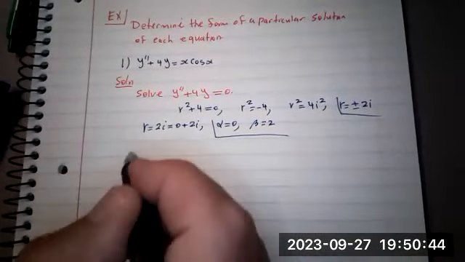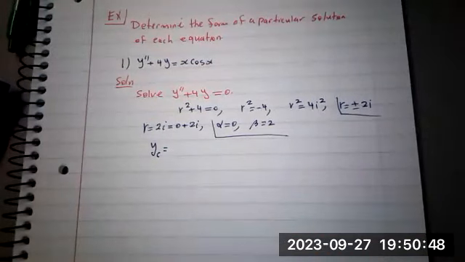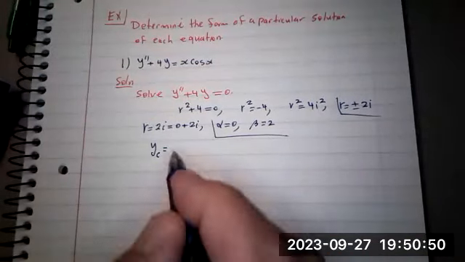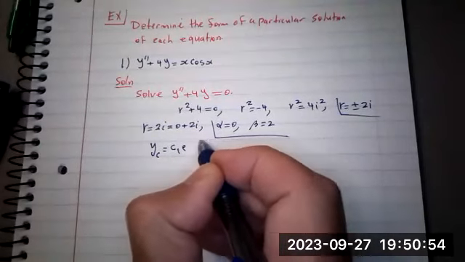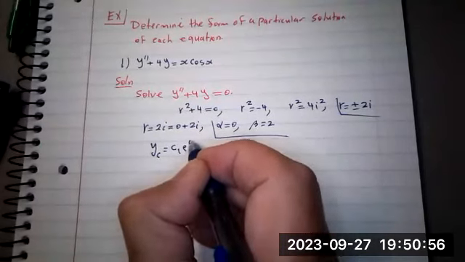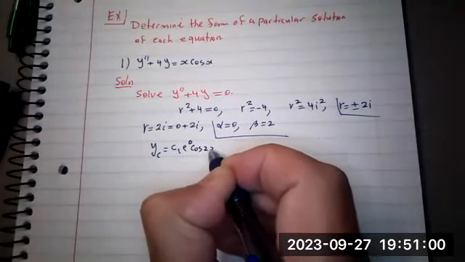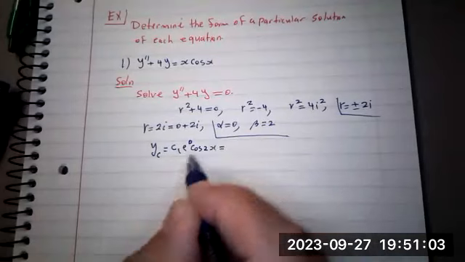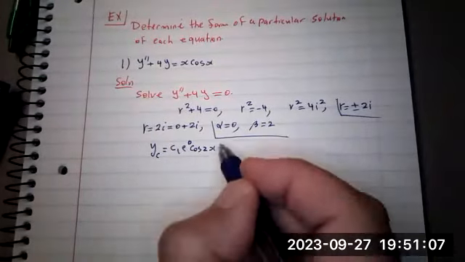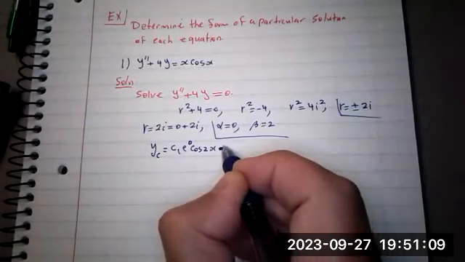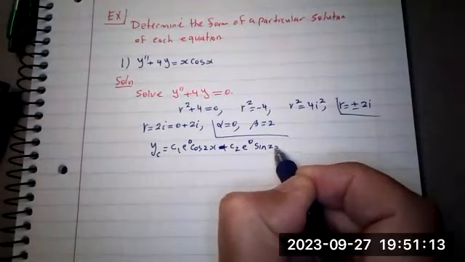Give us the solution. yc equal to, remember, c1 e to the alpha x, which is going to be just e to the 0, cosine of beta x, 2x, plus c2 e to the 0 sine of the 2x.